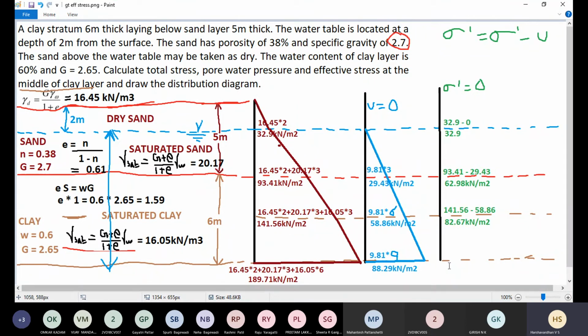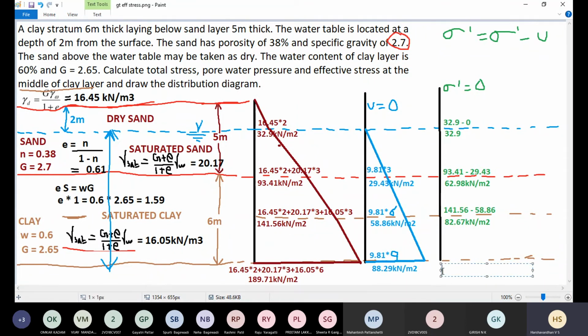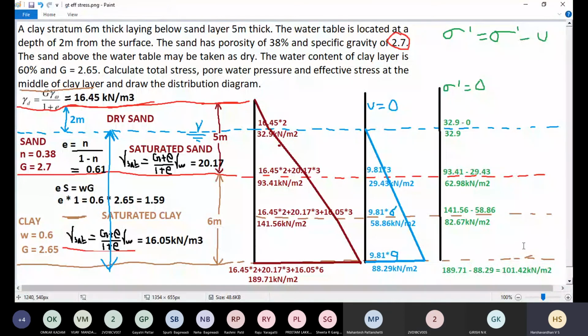Finally, at the bottom, total pressure is 189.71 and pore pressure is 88.29. So effective stress will be 101.42 kilonewton per meter square. Okay, so these are the values of effective stress.